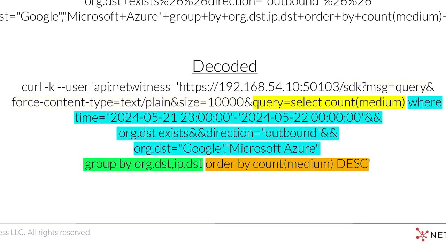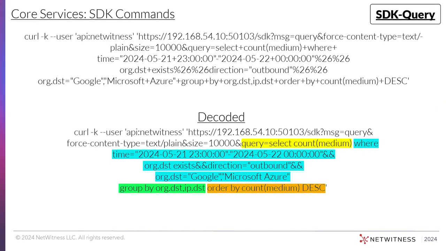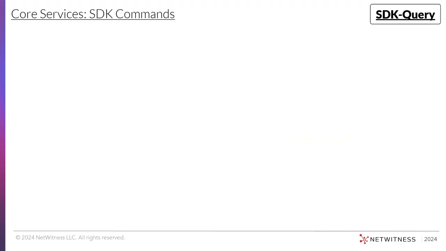Then, our query contains a select clause, where clause, group by clause, and an order by clause. Again, this is all submitted with URL encoding, and if you are getting 400 or 401 errors when testing your calls, double check that you haven't missed a space or other character that needs encoding.